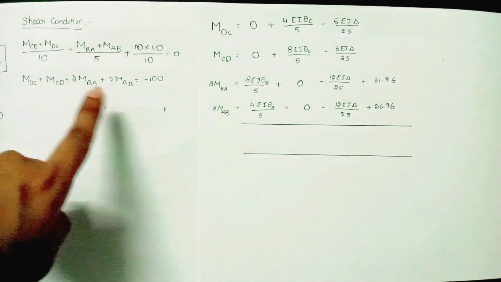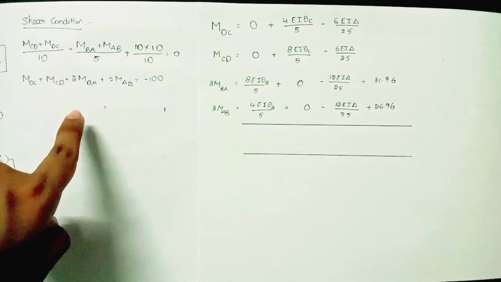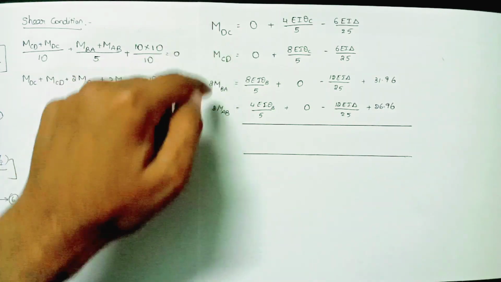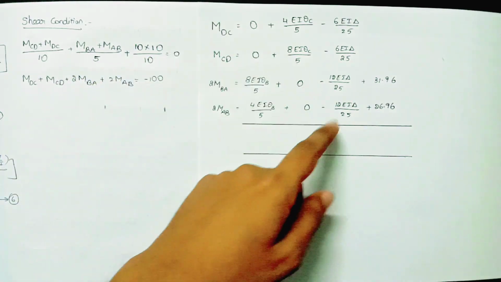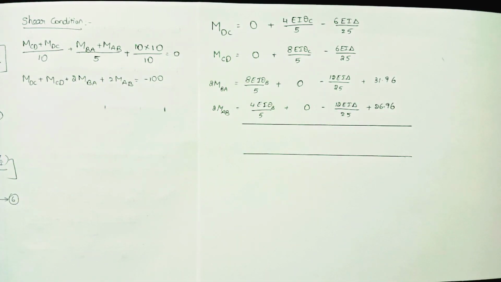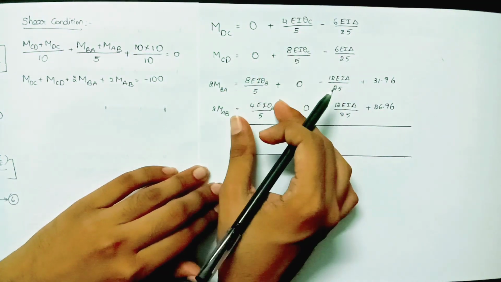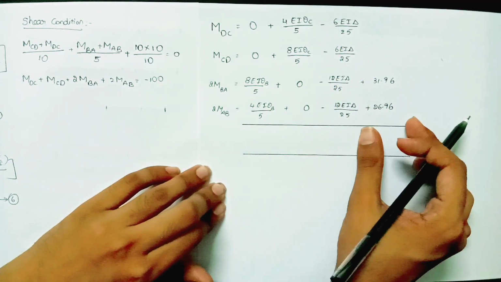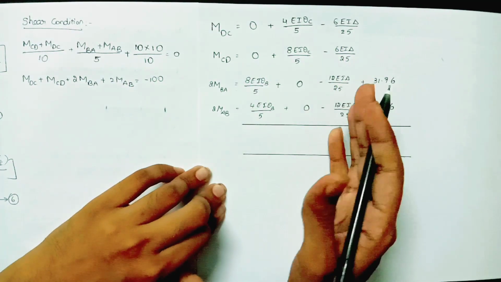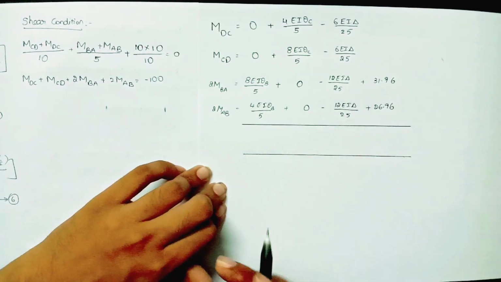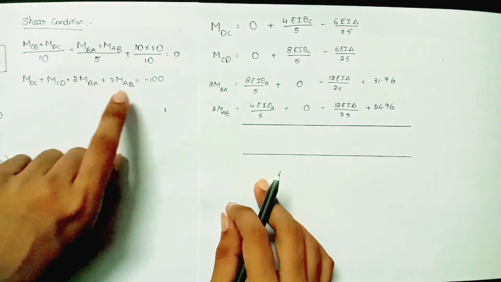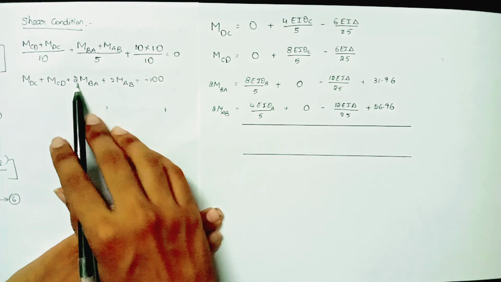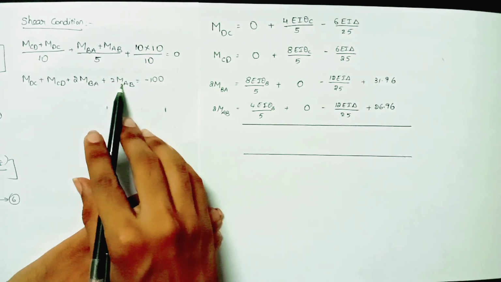Now whatever equations were obtained in step 2, I have written in the vertical direction. In this systematic manner I have placed them so that it will be easy to add all the terms. So all the theta B terms are here, all the theta C terms, all the delta terms and the constants. One more thing: in the equation we have 2MBA plus 2MAB.